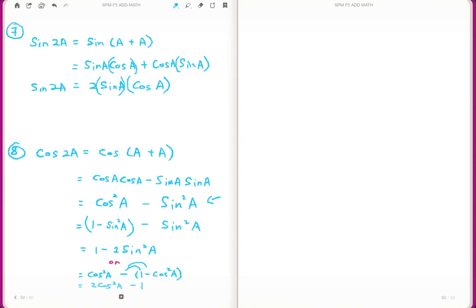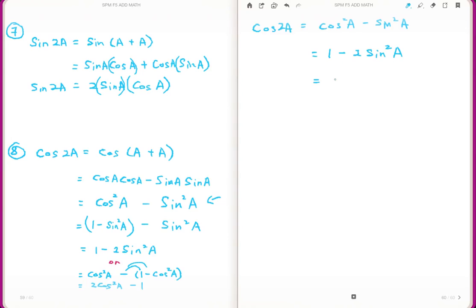Okay, so to summarize, cos 2A is possibly equal to cos squared A minus sine squared A, and it is also equal to 1 minus 2 sine squared A, or it's also equal to 2 cos squared A minus 1.